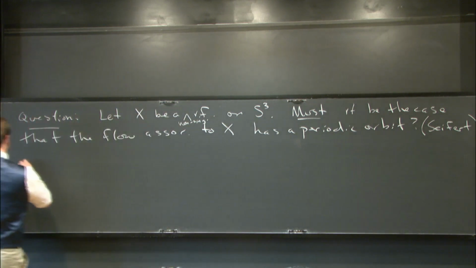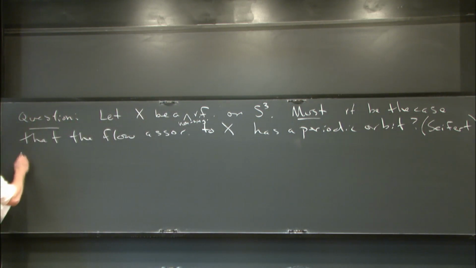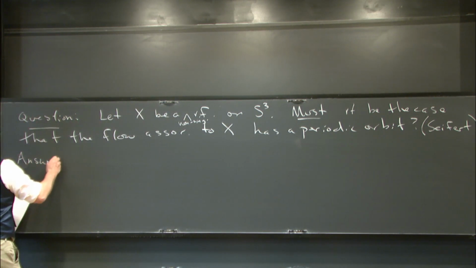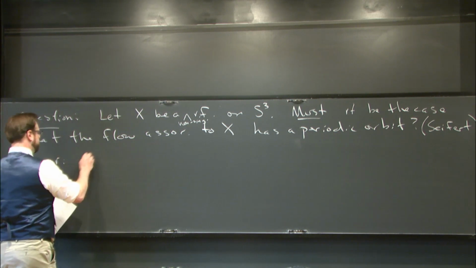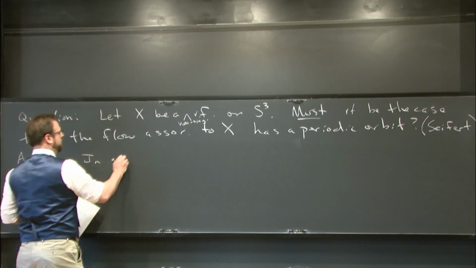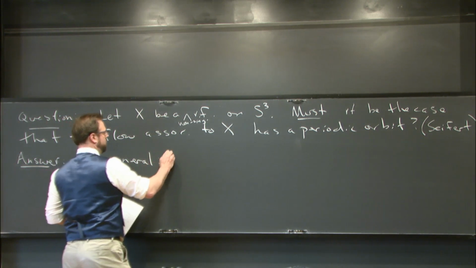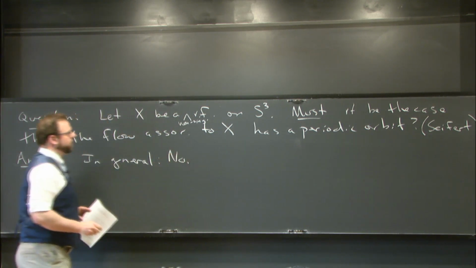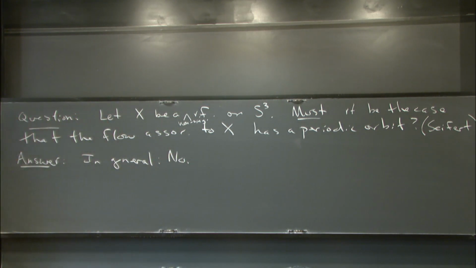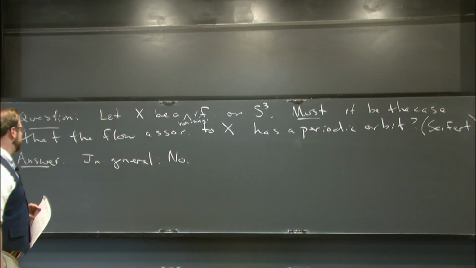And in general, we know the answer is no. Basically, you can find vector fields of whatever regularity you like on S3 with the property that they don't have a periodic orbit.